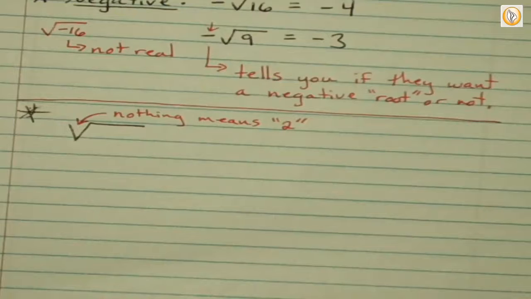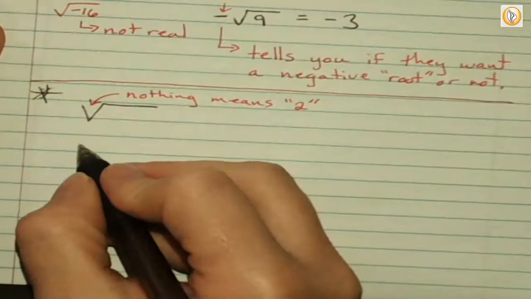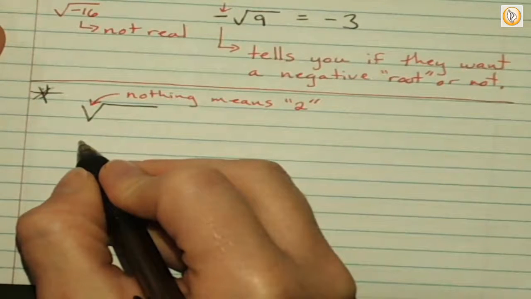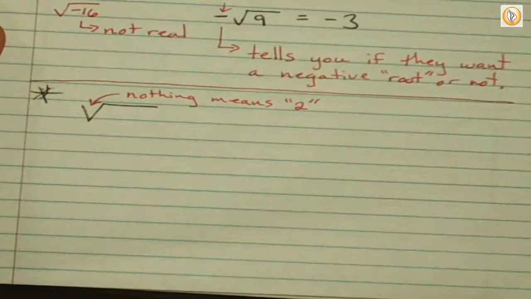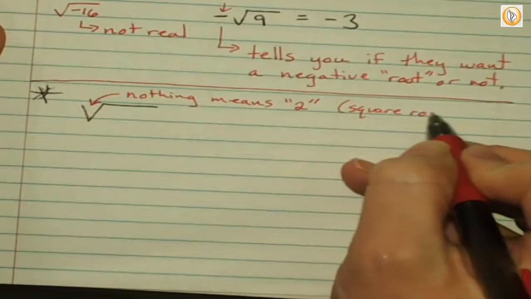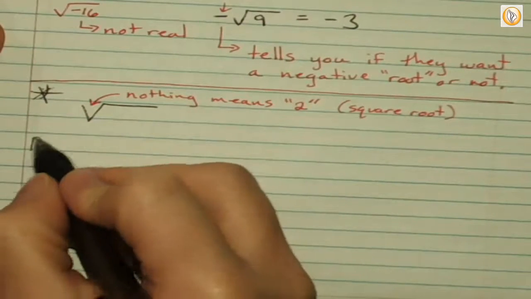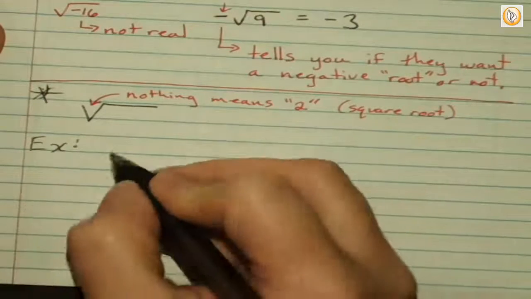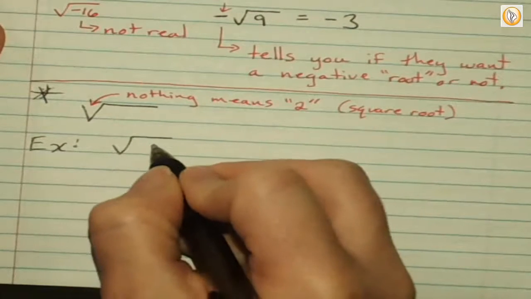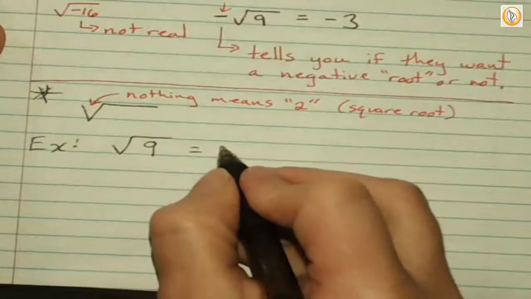Let me show you. So the 2 means it's like the square root, and the 3 means like it's cubed or something. Yes, that's right. Square root. Perfect. For example, if I were to do the square root of 9, that is 3.